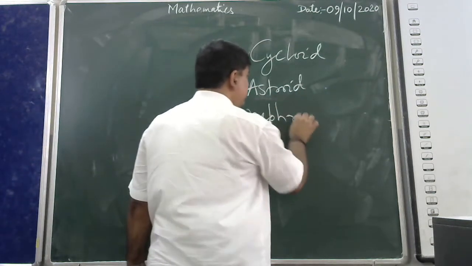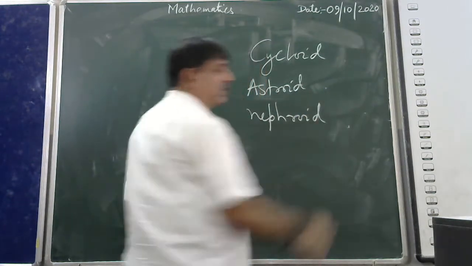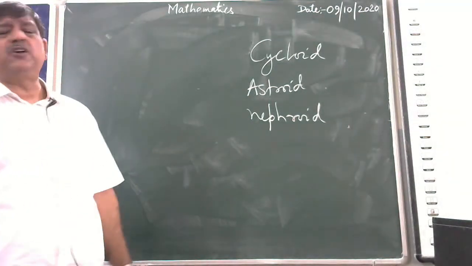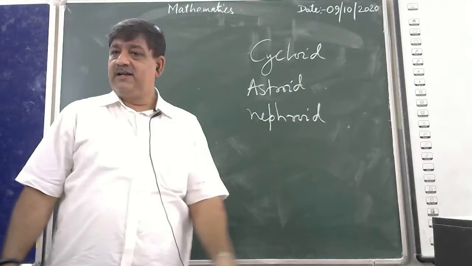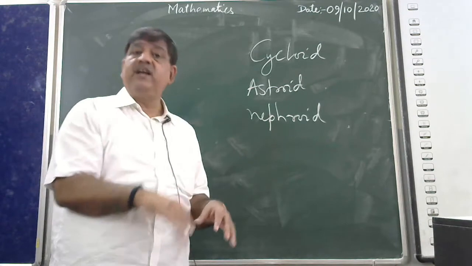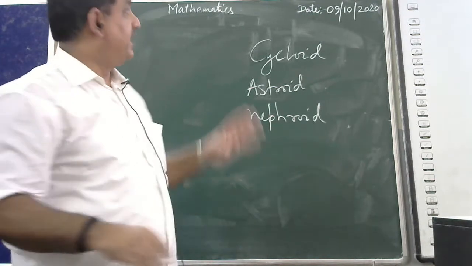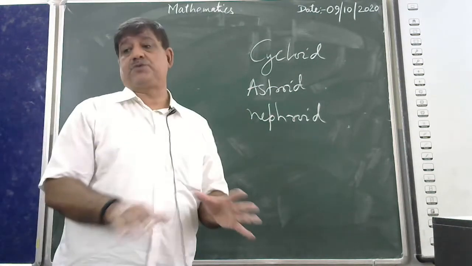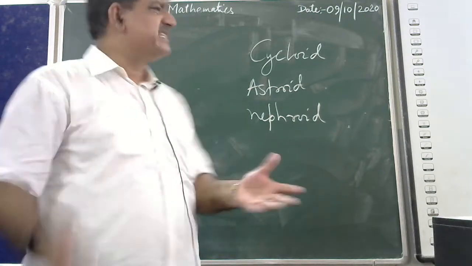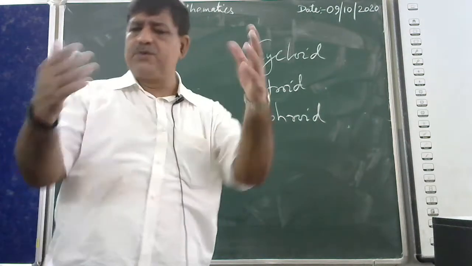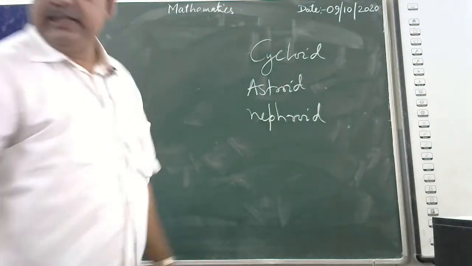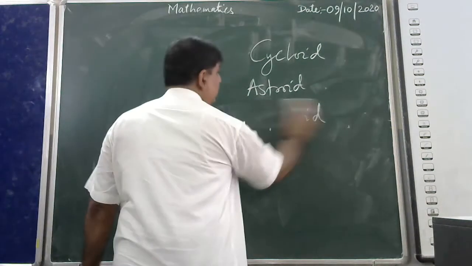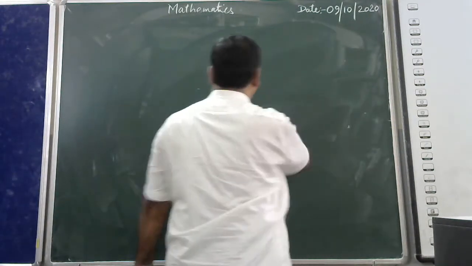There are different kinds of locus which are obtained by moving a point under some restrictions. So we will discuss each and every kind of locus in due course. Let us start with how to find the locus of a point.